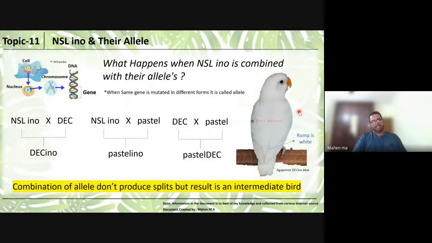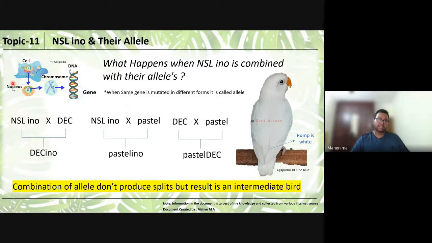Finally, we will understand why they are called alleles of each other and what happens when you combine these birds. There is a lot of discussion and many questions about this among hobbyists: what happens when you combine pastel with deck, with Ino, and so on. We get an intermediate bird. Why we get an intermediate bird, I would like to explain.